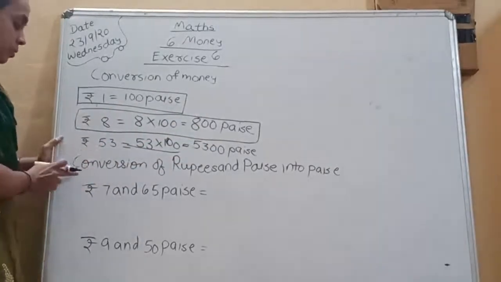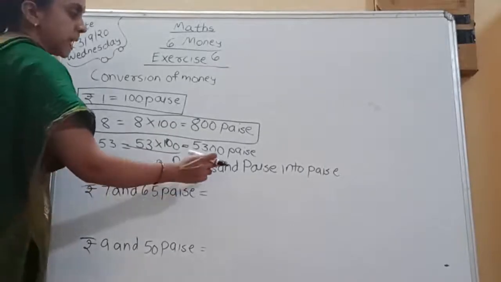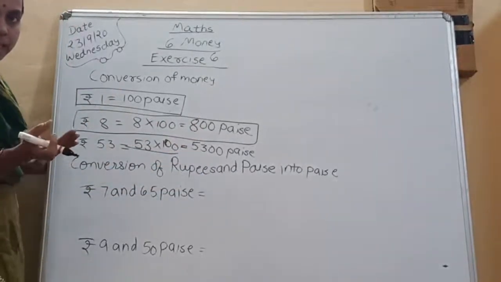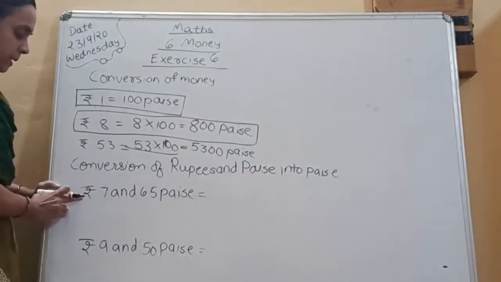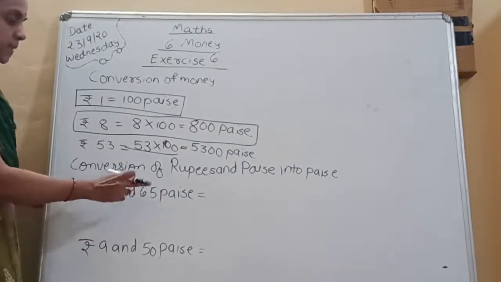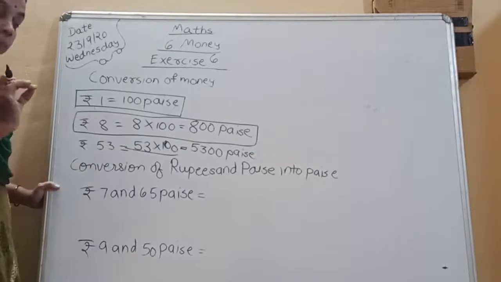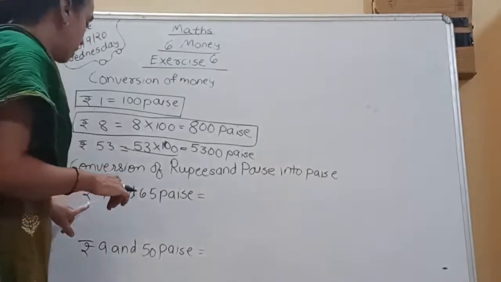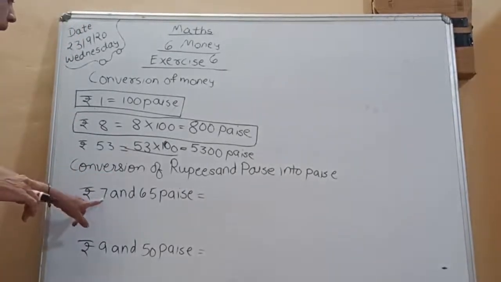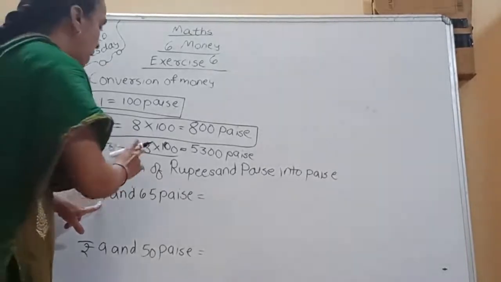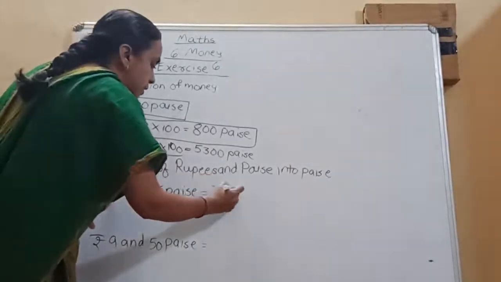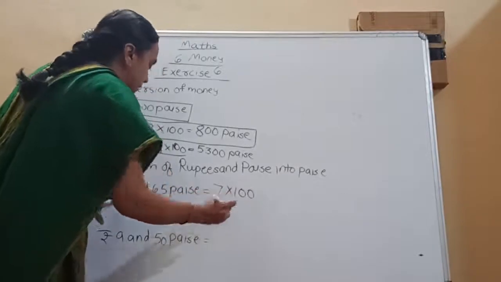Now same thing. What we can do? Conversion of rupees and paise into paise. See how? See, for example, rupees 7 and 65 paise. So we will first find out how many paise are there in rupees 7. How we can do this? 7 multiplied by 100.